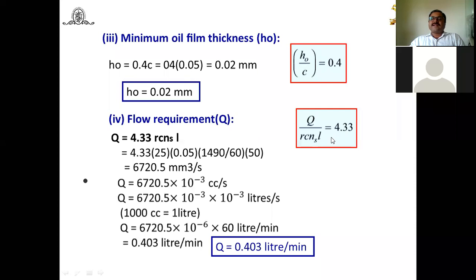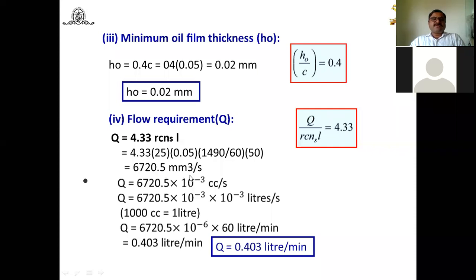Again, we have selected it from the chart for the values of Sommerfeld number and L by D. By using this, Q is equal to 4.33 multiplied by R C and Ns into L. Here, look at this: R radius 25 mm, C 0.05, Ns is given, again it is in seconds, so you divide by 60, and length of the bearing is 50. You can substitute, so you will get the value of Q, that is 6720.5 mm cube per second.